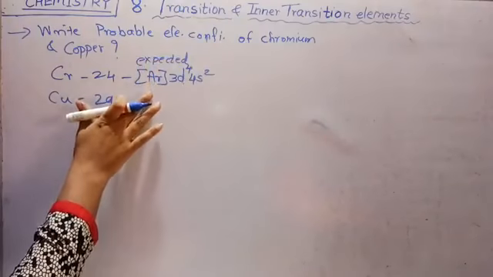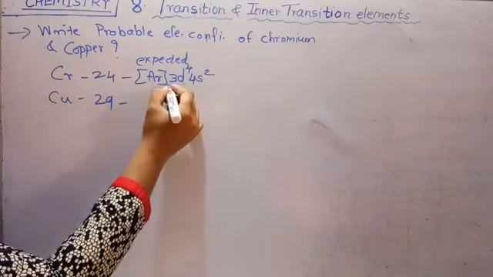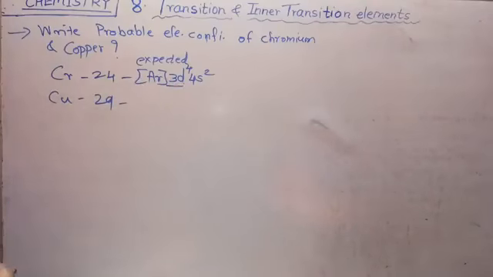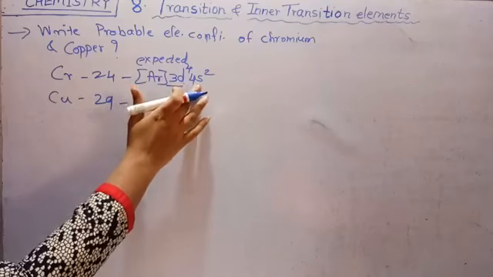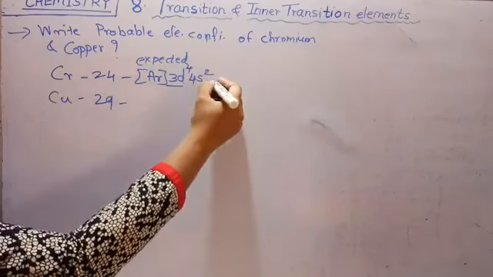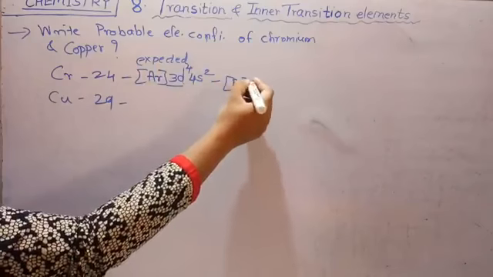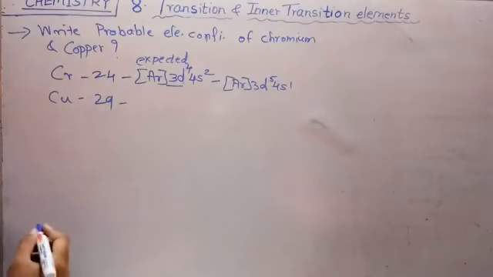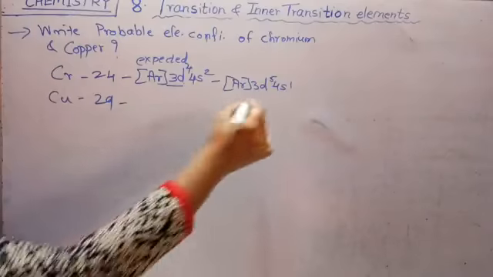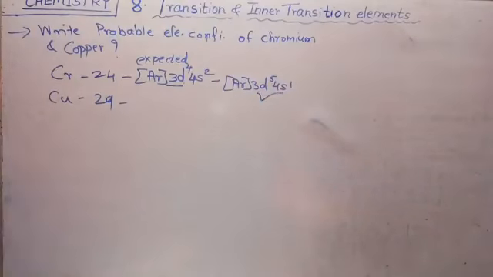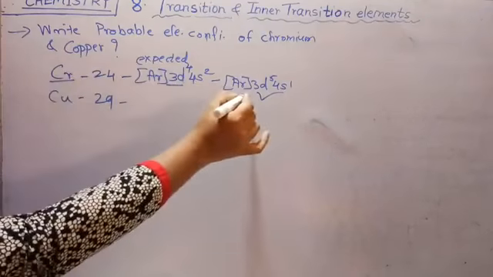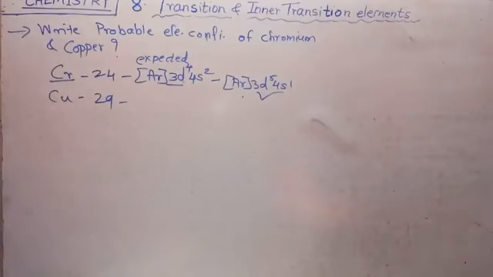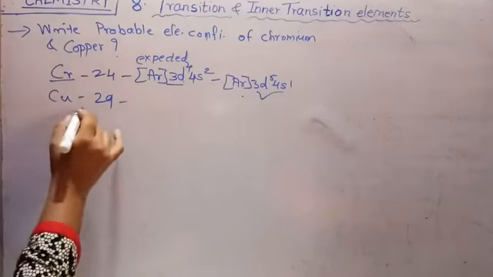But actually, what happens? To achieve the half-filled configuration in the 3d orbital, one electron from 4s is promoted to 3d, and chromium shows the observed electronic configuration argon 3d5 4s1. This is the stable configuration. Same for copper.